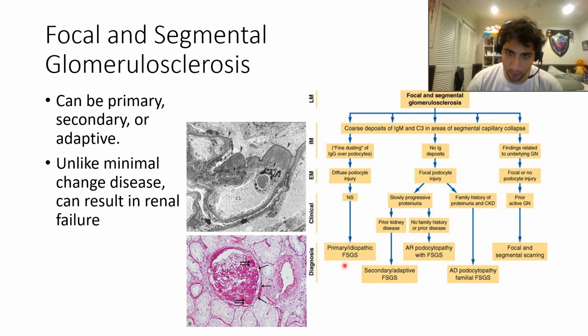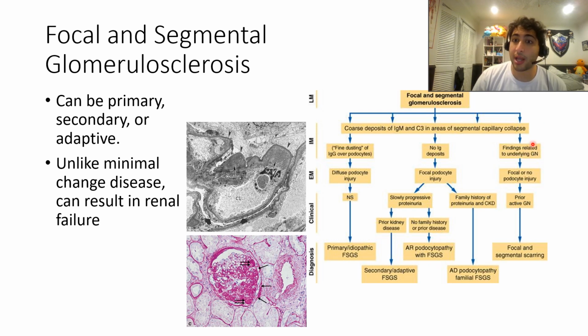Primary focal and segmental glomerular sclerosis. Now, if you don't see IgG deposits, that means there's a specific podocyte injury. So if there's a family history of this, then it's a familial podocytopathy. If it's a slowly progressive proteinuria in the context of prior kidney disease, that's secondary glomerulosclerosis. If it's happening out of nowhere, it's usually going to be an autosomal recessive podocytopathy.